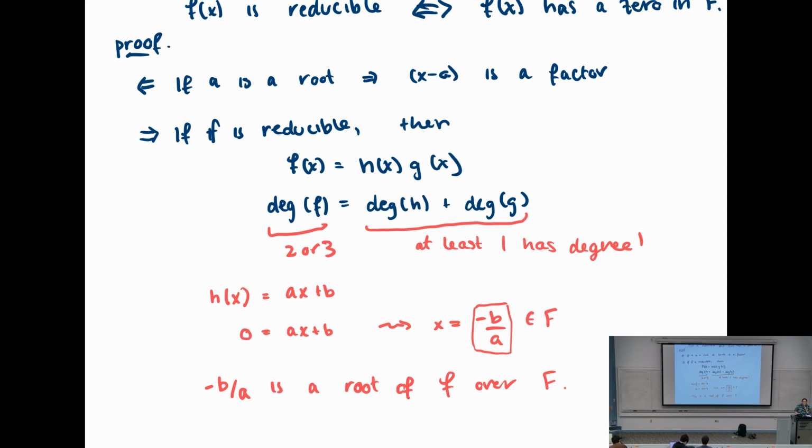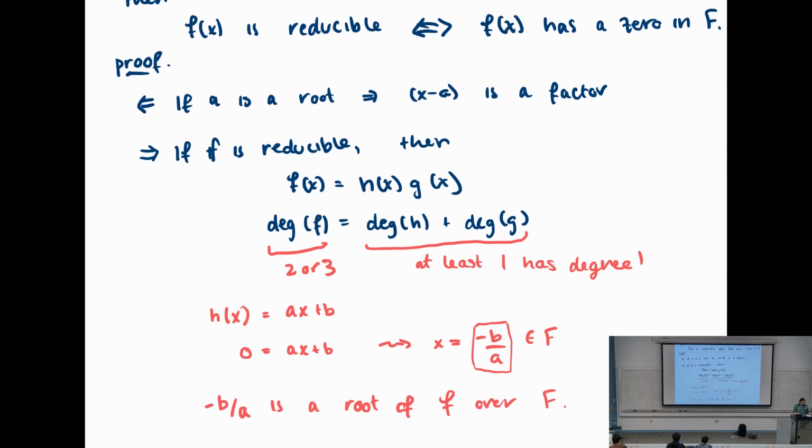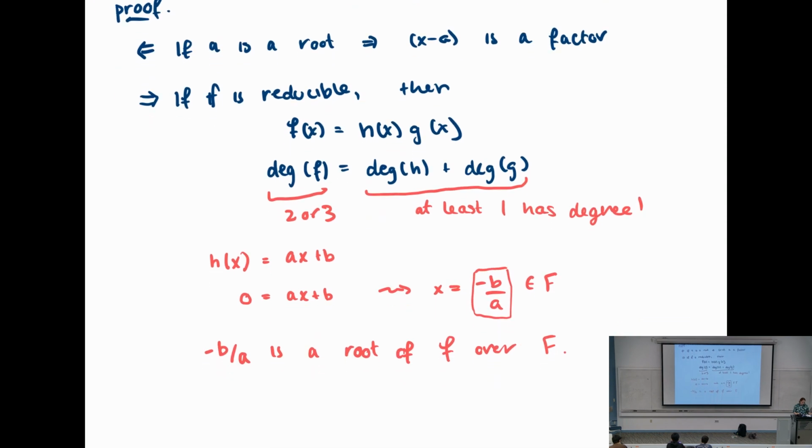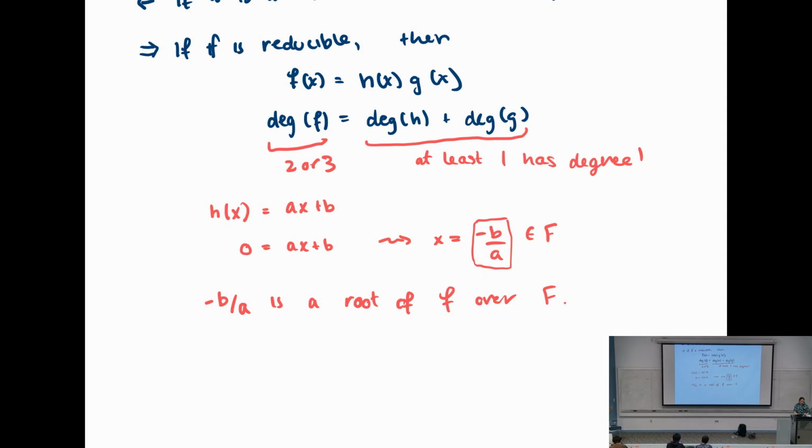Yeah. Why is the degree of f 2? That was just an assumption of the theorem here. Yeah. Good. Other questions? Okay, so this theorem is particularly helpful over a finite field.